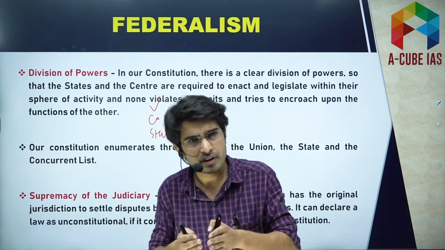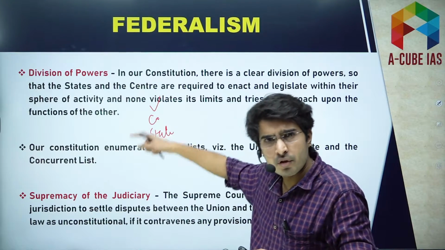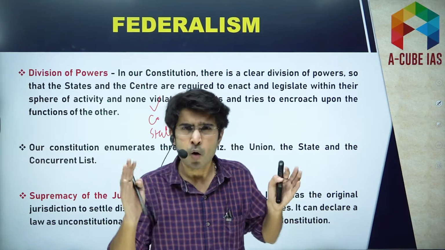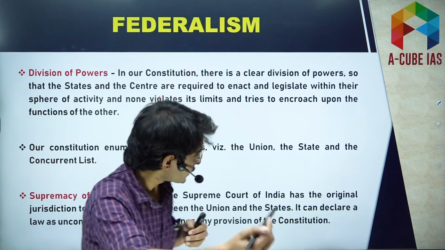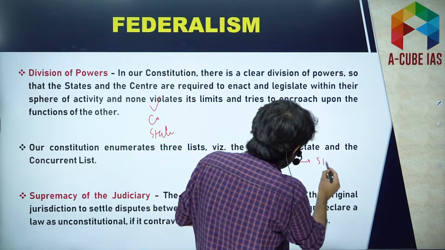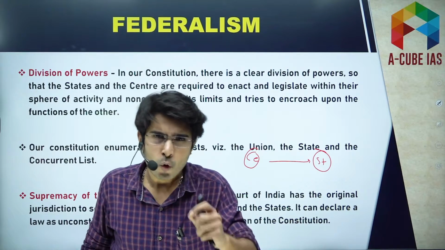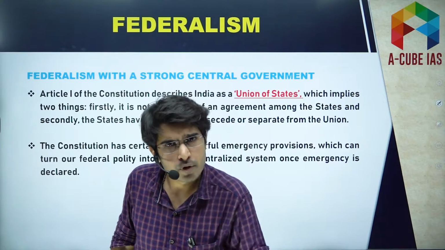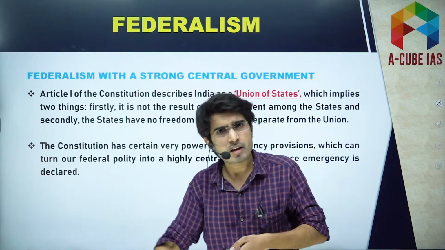You must remember that there is this division of powers. We have three lists: union list, concurrent list, and state list. In case there is a dispute between the central government and the state government, the central government can approach the judiciary, can knock the door of the Supreme Court, and the state governments as well can approach the Supreme Court.